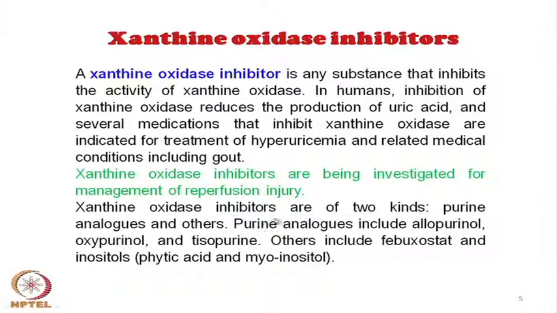So, we can have two different kinds of these purine analogues and others. Since we are talking about oxidase activity on purine type of molecule, we consider some purine related molecules, because we do not want to change the entire skeleton of our substrate much. Otherwise, if we have a different skeleton compared to our purine molecule, that particular thing cannot function as a very good or useful inhibitor, because it cannot go and bind to the molybdenum site easily.